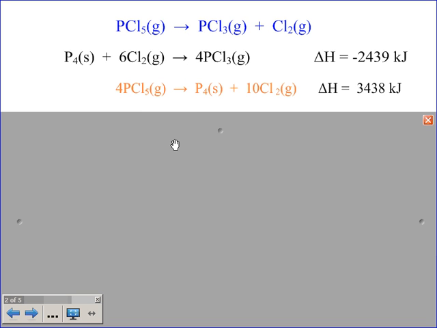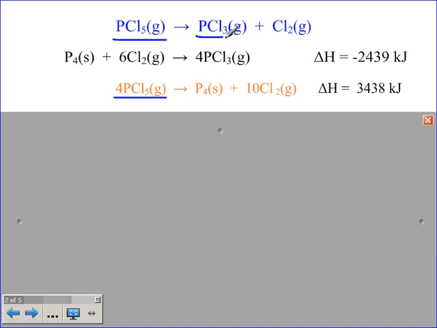This helps because the first thing we need to do is make sure that things are on the proper side. So I'm looking for a match between my target and my given equations. For example, PCl5 is on the reactant side. Down here, it's also on the reactant side. That's good. If it wasn't, I would have to flip this reaction over.